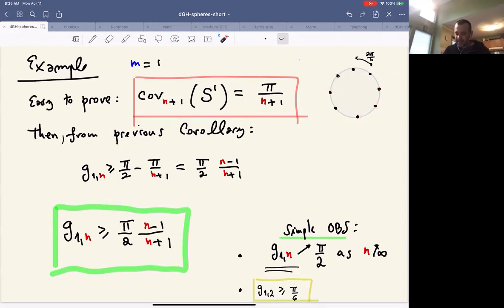And that gives this expression for the covering radius of S^1 with n+1 points. And you work out the details, I mean, the lower bound pi by 2 minus pi by n+1, and you get this lower bound for G_1n. And again, you see that as n goes to infinity, this converges to pi by 2.